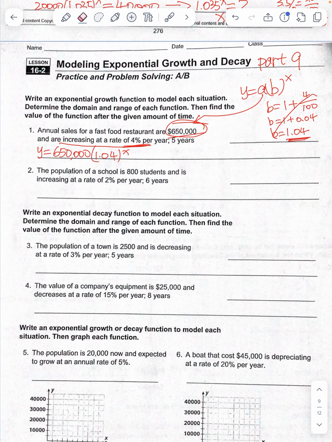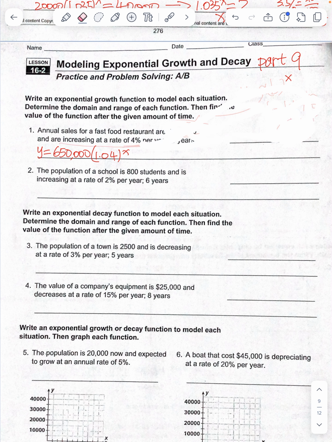Oops, let me erase them. Now we're going to figure out the function value after 5 years. So we're going to replace x by 5. So y equals 650,000 times 1.04 raised to the 5th power.